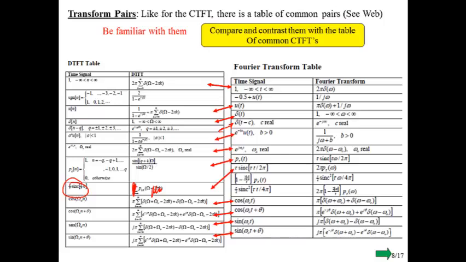So I would encourage you to get these two tables, put them side by side, compare and contrast the entries, and learn for these bottom entries here. You really need to learn how to deal with interpreting those sums and all of these replica generating machinery so that you know how to visualize that properly.